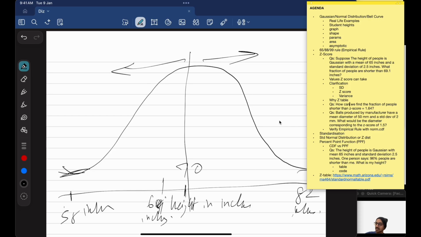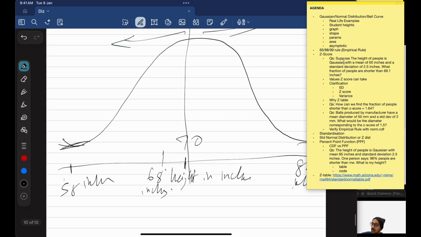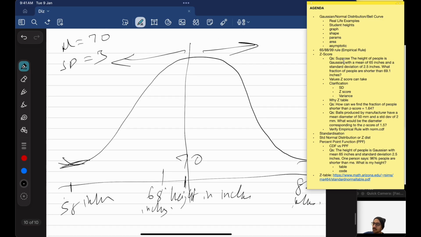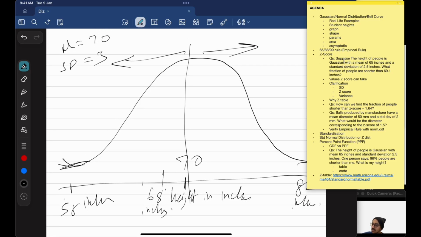Obviously, this rule cannot answer it, because if we take mu as 70 and standard deviation as 3, then plus or minus 1 standard deviation, the interval will be 67 to 73, right?